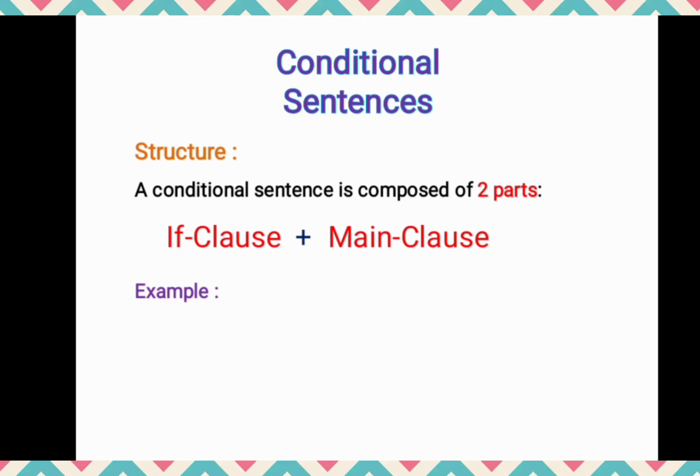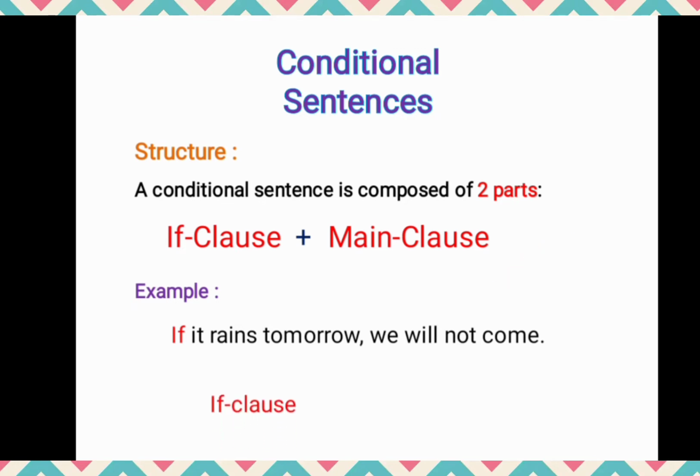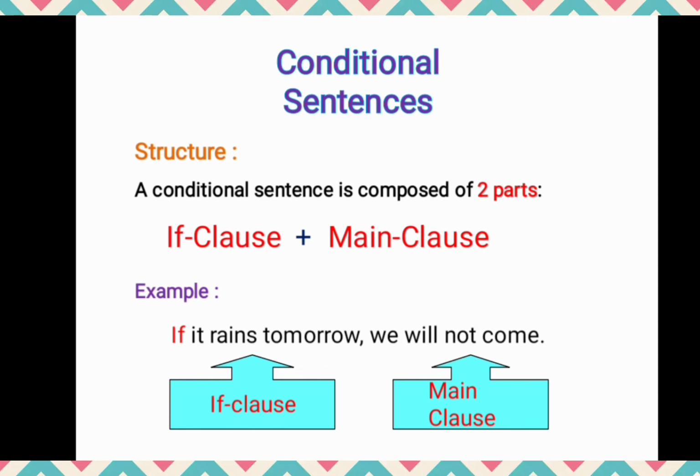We have an example regarding the structure of a conditional sentence. You can see the sentence: if it rains tomorrow, we will not come. The first part is the if clause and the second part is the main clause. So we can say that if clause plus main clause is the construction and structure of a conditional sentence.